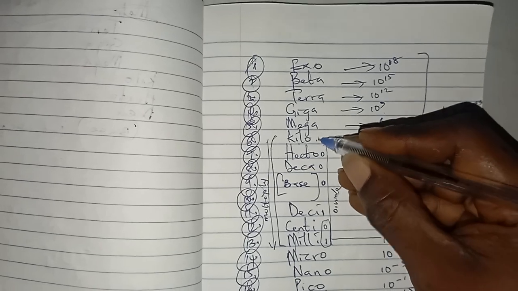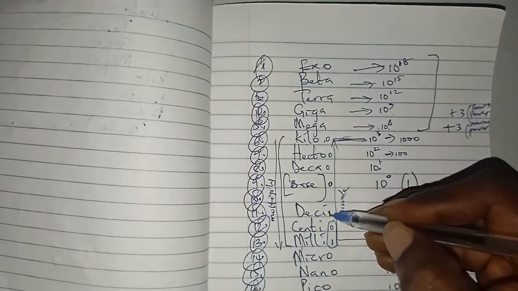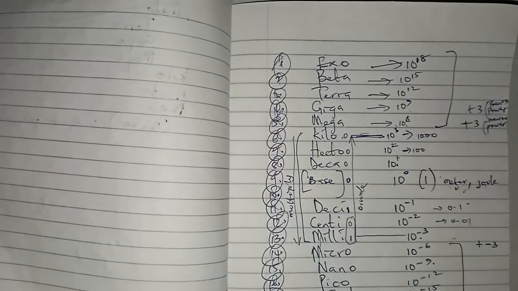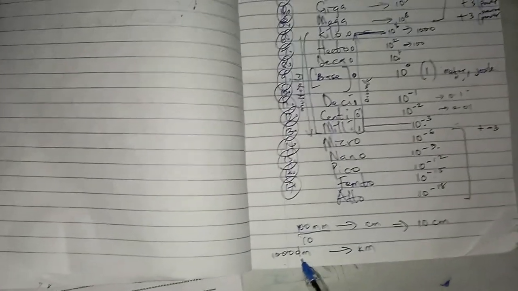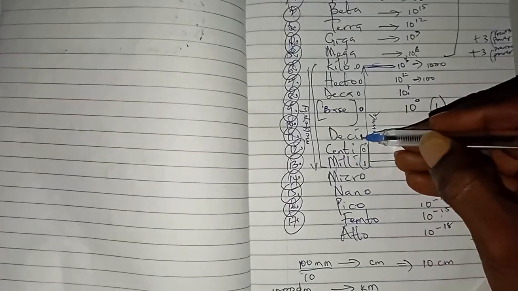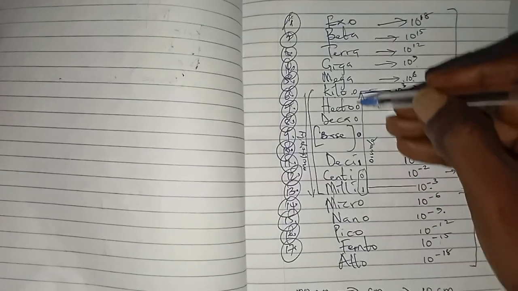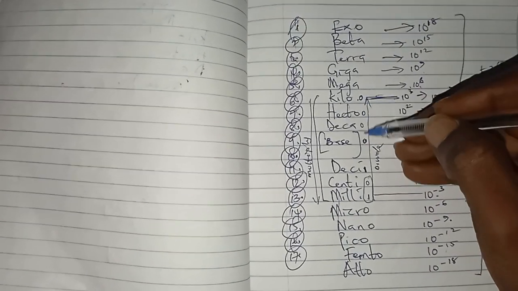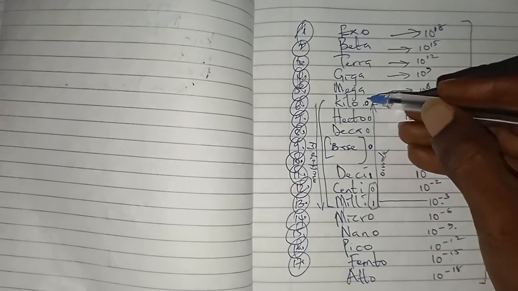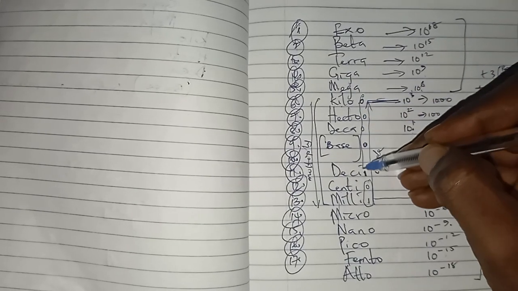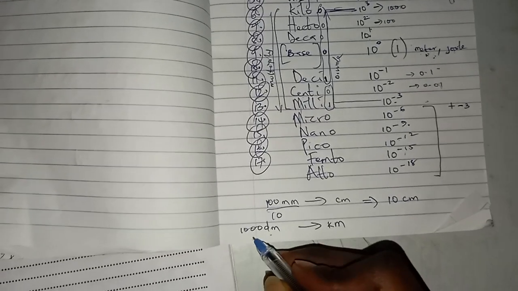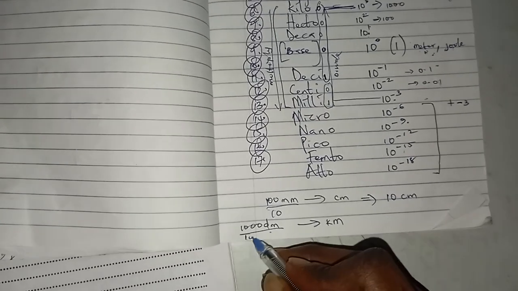So from decimeter, the part I am on, the thing I'm converting from, I call it 1. Every other thing up to the point I'm converting to becomes 0. So how many zeros do I have? 1, 2, 3, 4 zeros. When I have 4 zeros and 1 to it, it becomes 10,000.